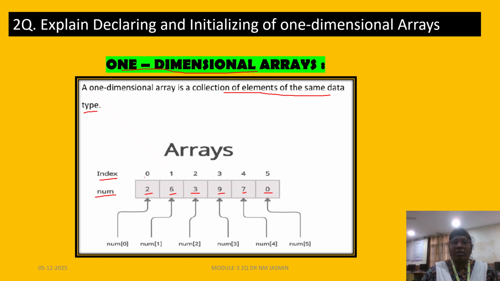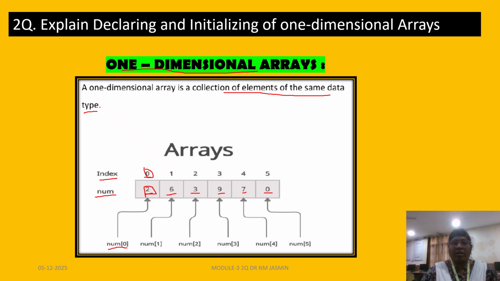The index number starts from 0 till the end of the elements. Now here if you see the location of a particular element, we can simply take the array name with the location, the index number.